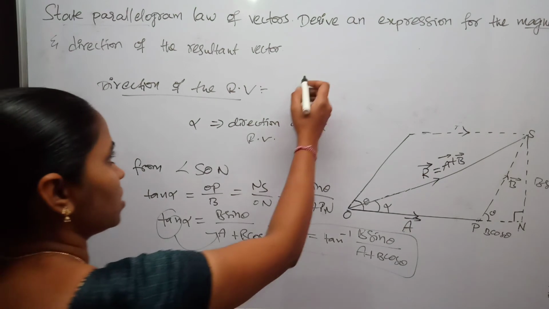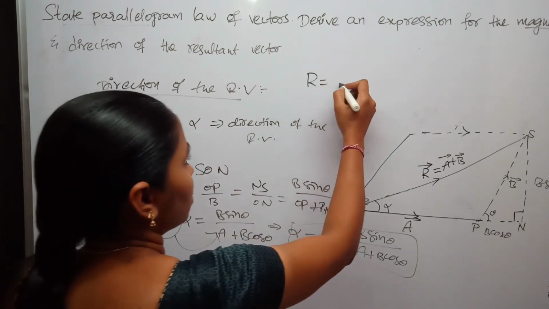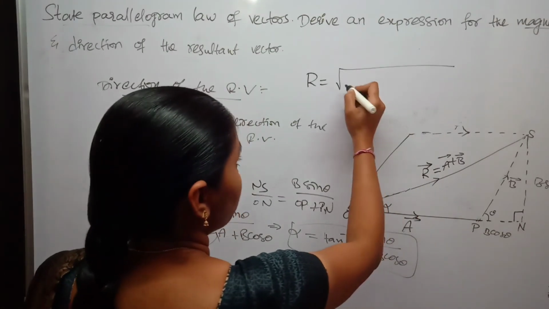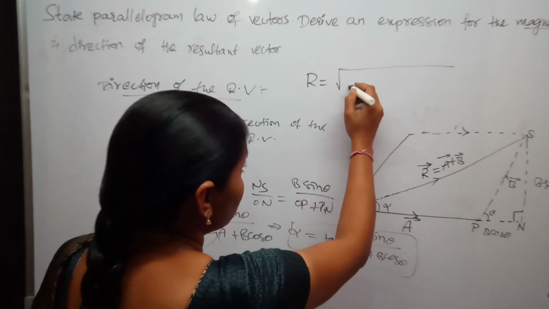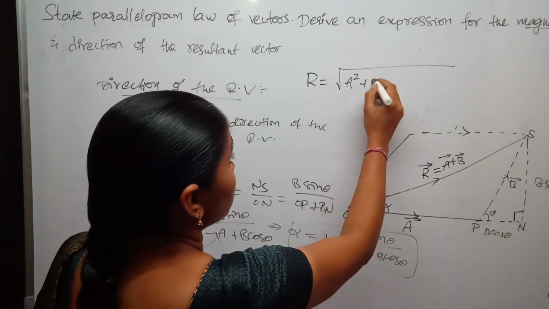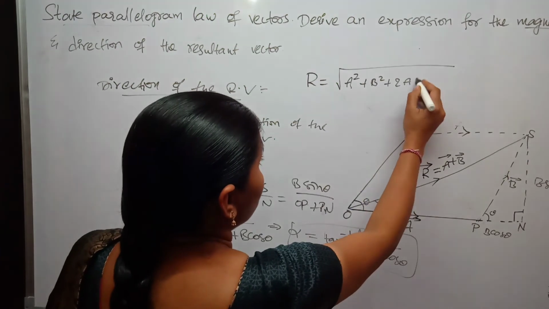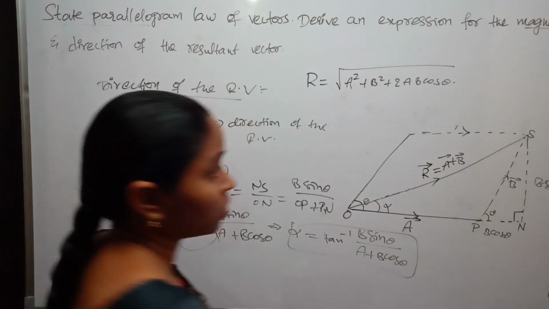One more point: the magnitude of the resultant vector is R equals the square root of A square plus B square plus 2AB cos theta.